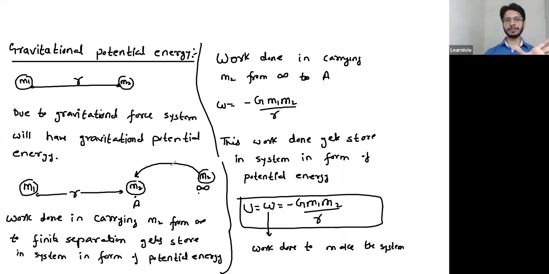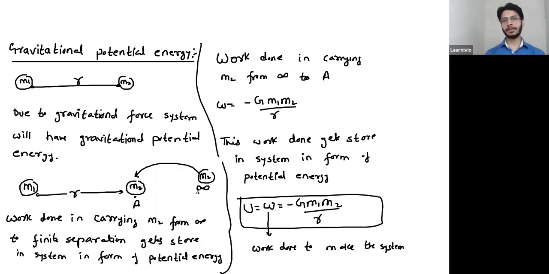But when you bring m2 from infinity to A, they start interacting with each other. They start exerting force over each other, and then we say it's a system. In physics, interaction means bodies exert force over each other. So I'm repeating it again: when m1 and m2 are at infinite separation, there is no interaction between them.